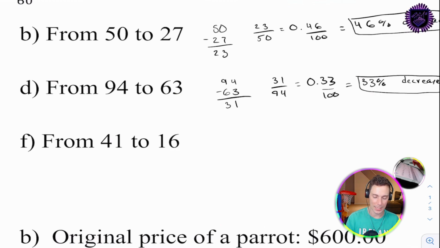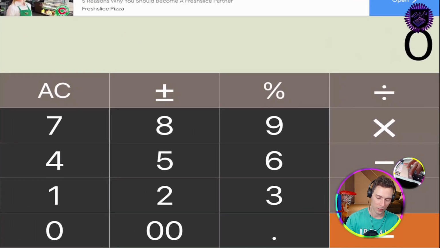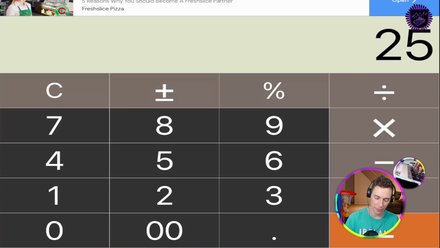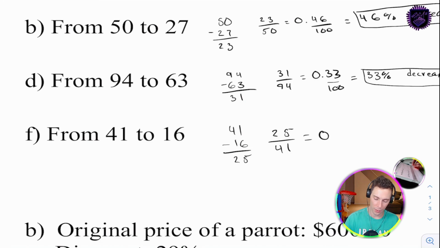41 to 16. 41 minus 16 is equal to 31 minus 6. 30 minus 5 is 25. 25 over 41 is equal to 25 divided by 41 equals 0.61.